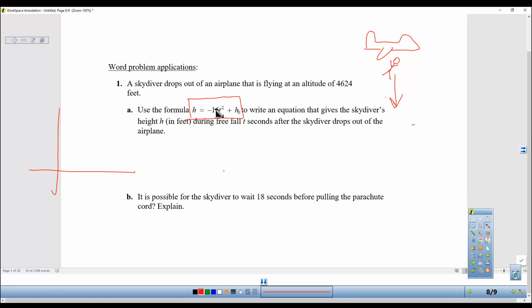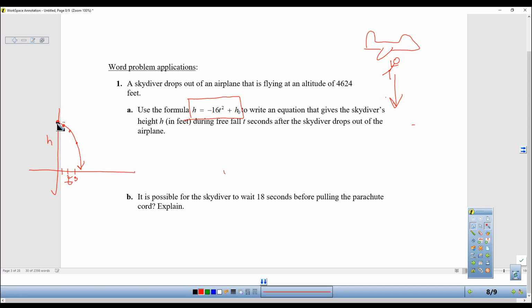But this equation tells us his height as time goes by. So why does it look like that if he's falling straight? Because it's telling you the different intervals. So at 1 second, he's here. At 2 seconds, he's here. At 3 seconds, he's here. And why is it parabolic?